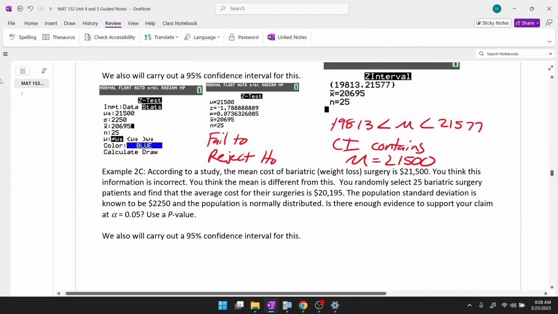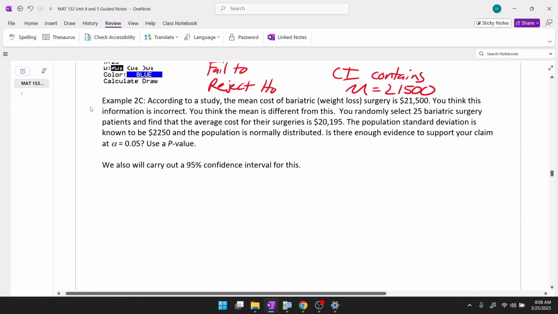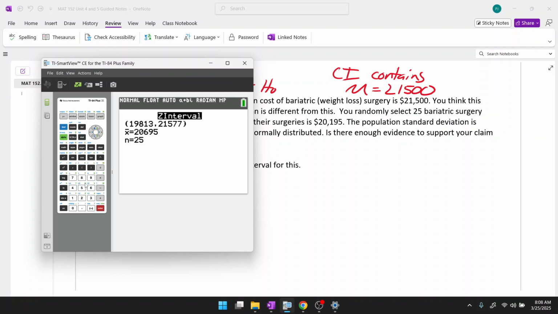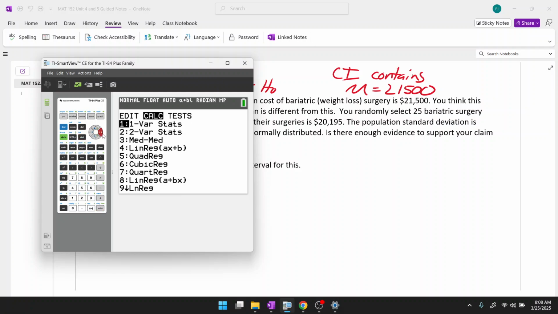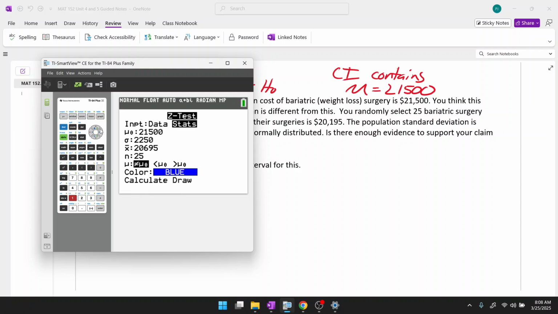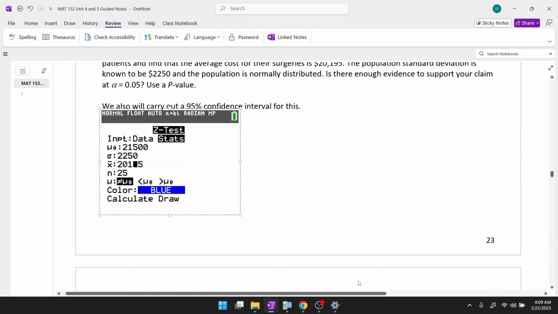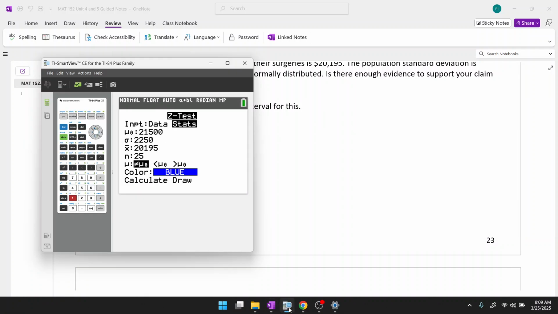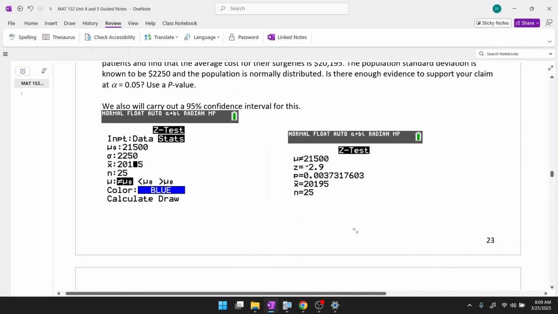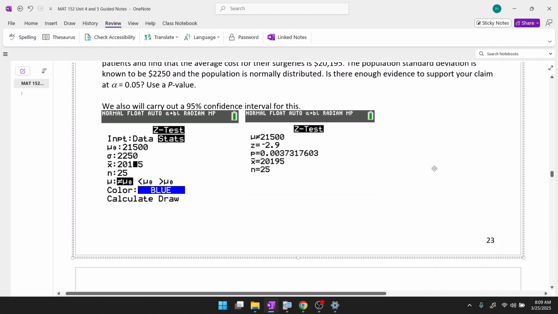Now, for the last one, 20,195, and your guess is that you're going to be rejecting the null here, and you would be right. We carry this out, and the p-value is sufficiently low enough.